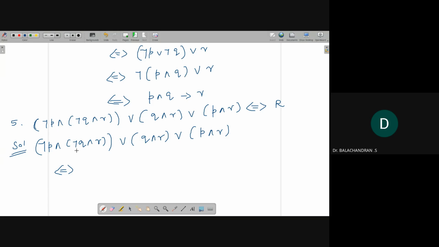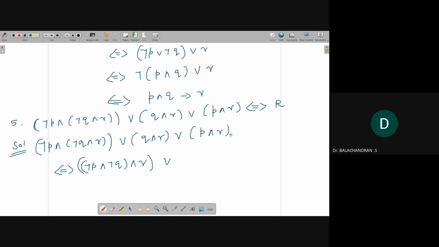Okay, if you apply associative law, what you will get here? Negation of (negation P and negation Q), negation P and negation Q and what? R. So here I am applying associative law. From here to here, associative law.